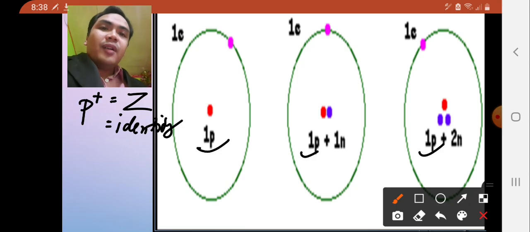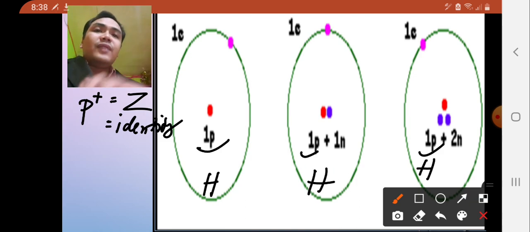So therefore, its atomic number is 1 since it has one proton. So therefore, by looking in your periodic table, the element that consists of one proton, therefore, it has an atomic number of 1 is the hydrogen atom. So therefore, its symbol will be H. So it means that all of these atoms are hydrogen atoms. So this is their similarity.